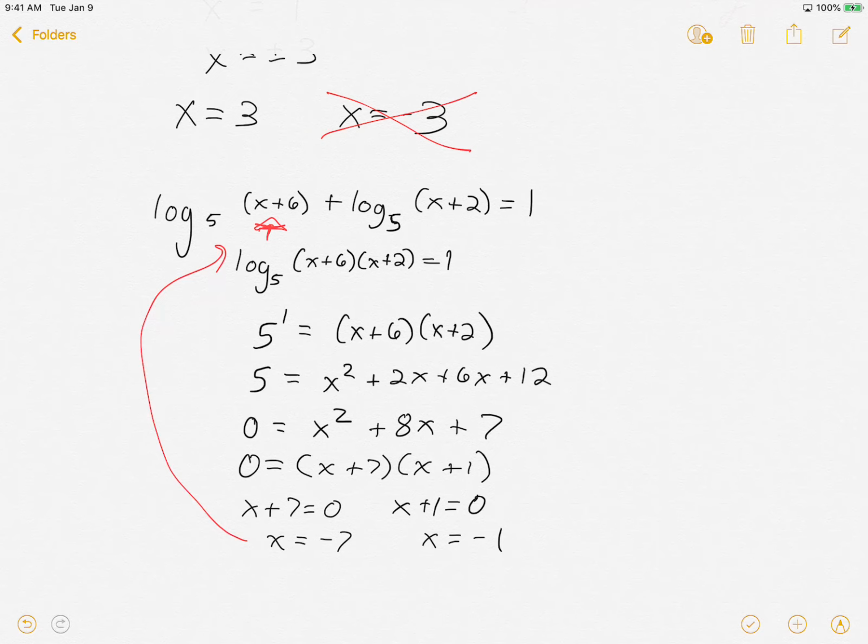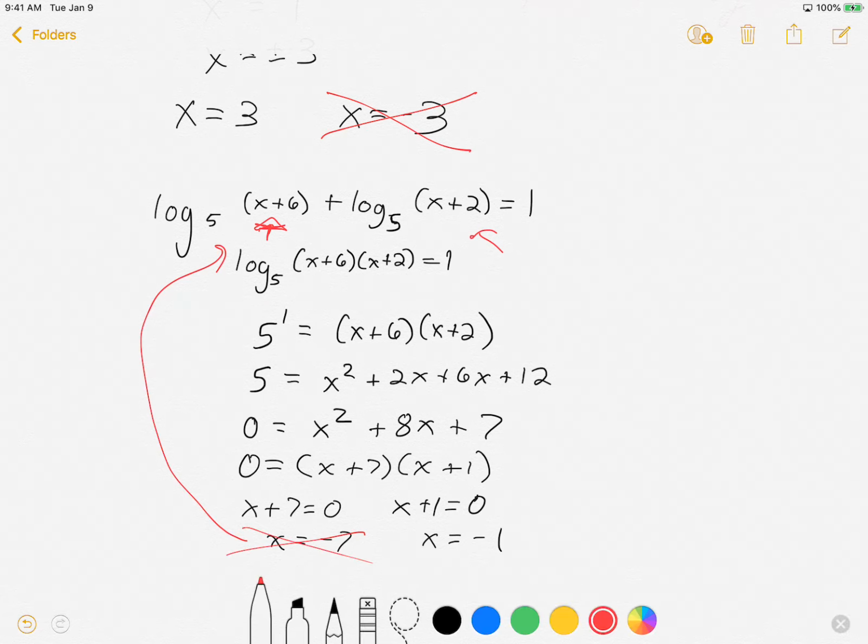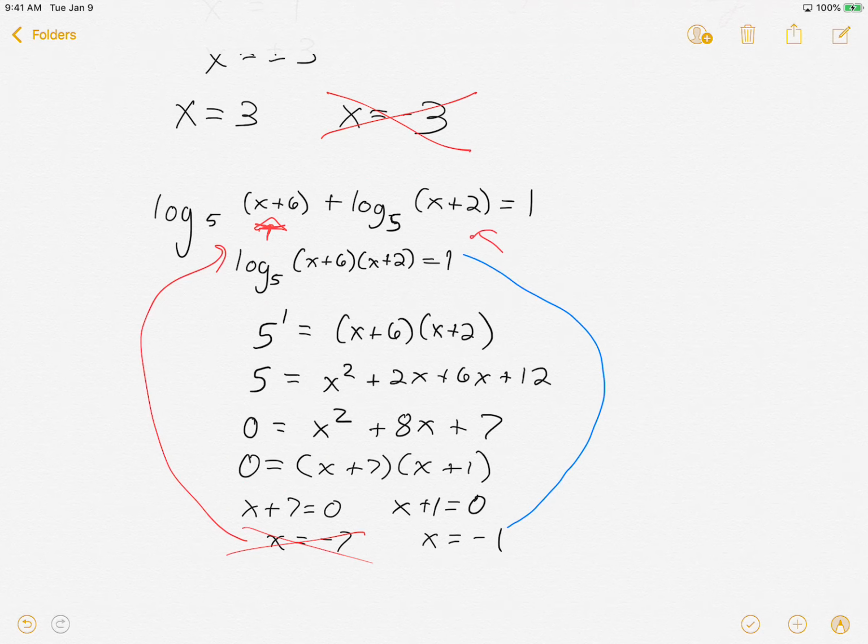So we'd be taking log of negative 1. And it's even more on this side. So I have to throw it out. But if I put in negative 1, that's going to be positive 5. That's going to be positive 1. That's okay. So that's my only solution.